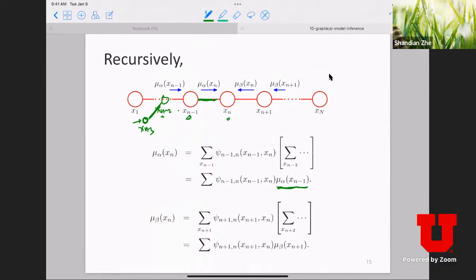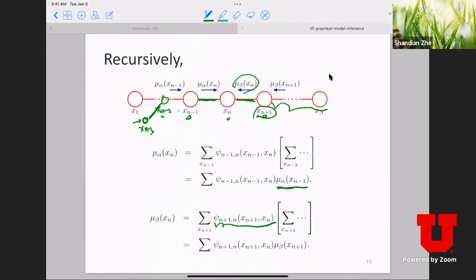If we want to compute the message sent from xn+1 to xn, this backward message, it is equivalent to multiplying the potential function defined on xn and xn+1 with the summation from the rightmost node all the way up to xn+1.